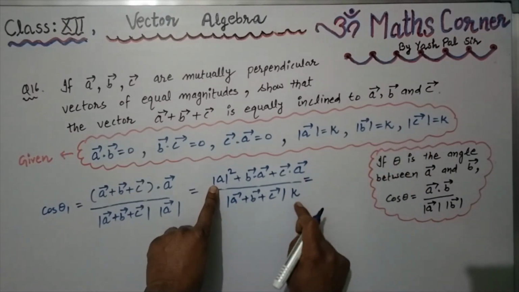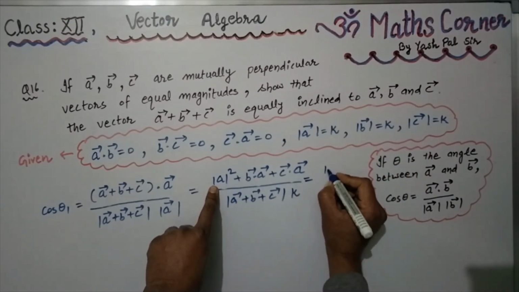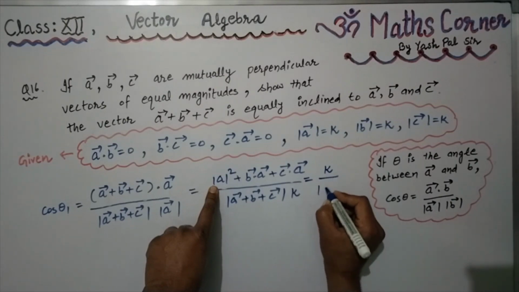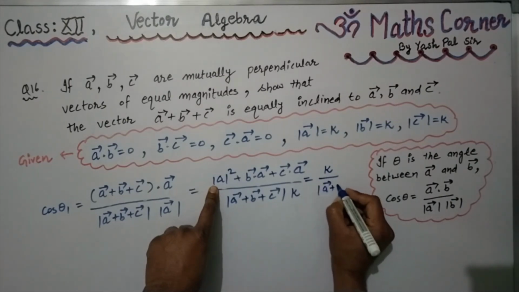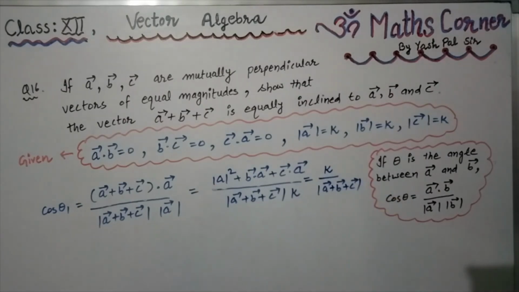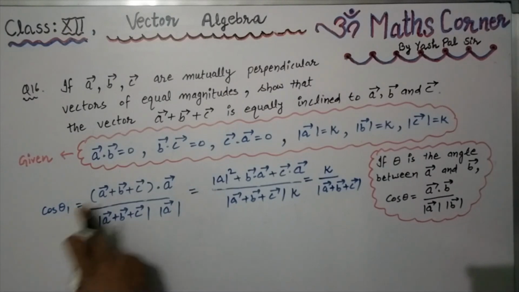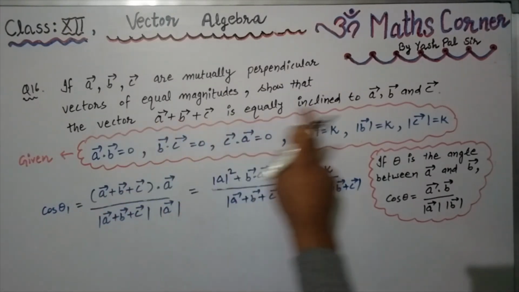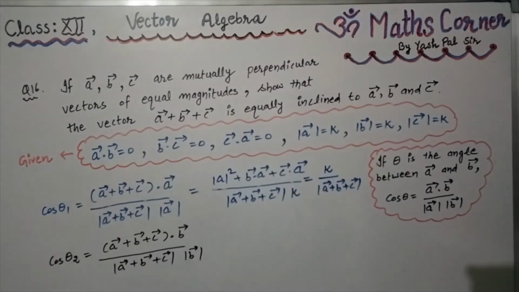So next, B dot A is 0, C dot A is also 0, so the value becomes magnitude of A whole square, which is K square, K square upon K is K, so K divided by magnitude of A plus B plus C.